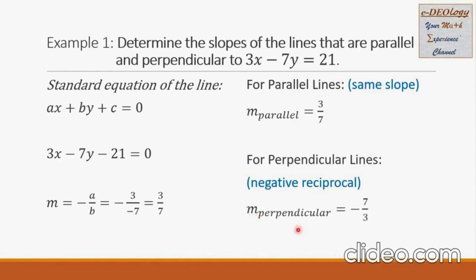First we're going to invert the 3 over 7 into 7 over 3. And then, since this is positive, we will use the negative sign. So our slope for the perpendicular lines is negative 7 over 3. This is our final answer.